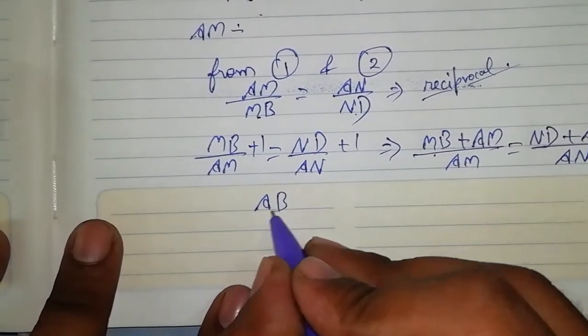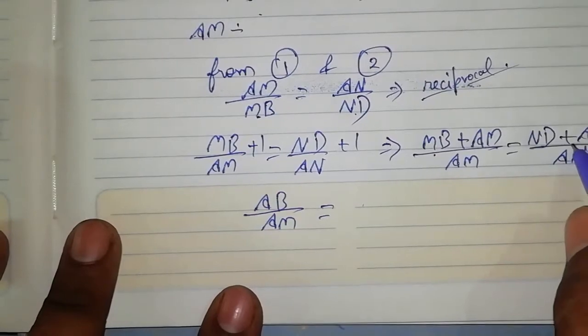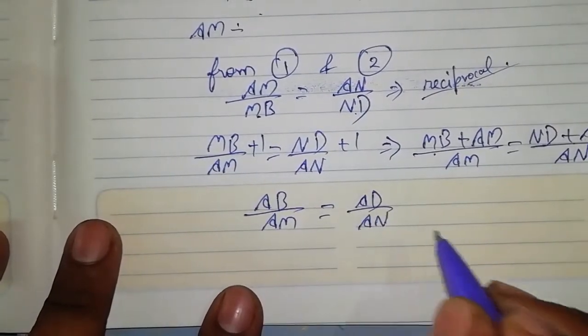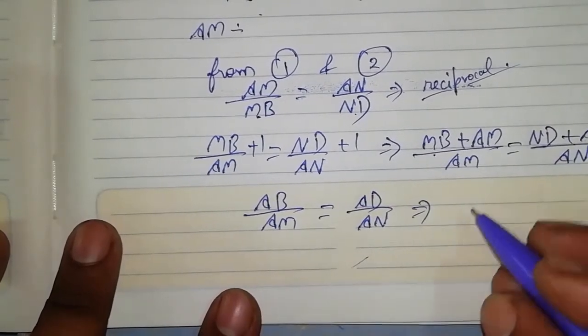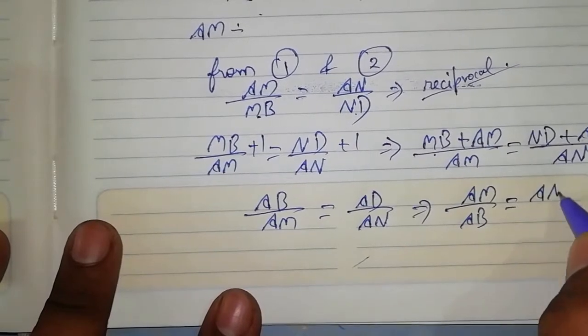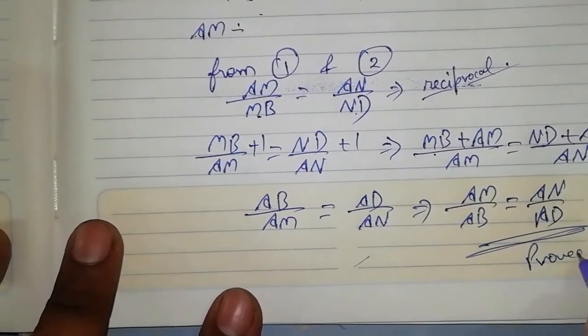So from here we have AB upon AM equals AD upon AN. Again we take the reciprocal, so we have AM upon AB equals AN upon AD, and this is what we had to prove.